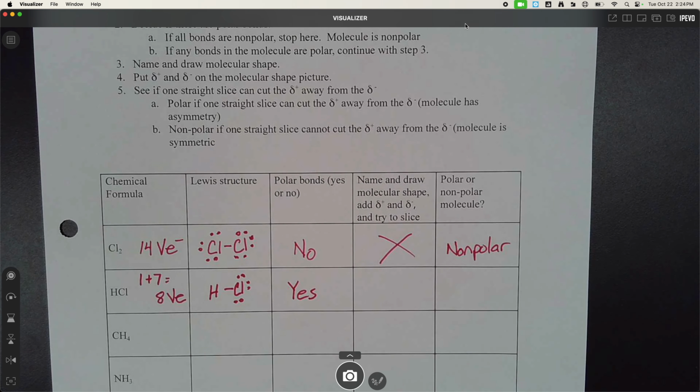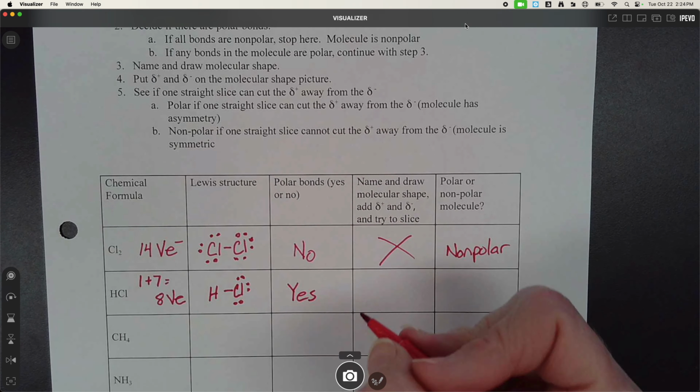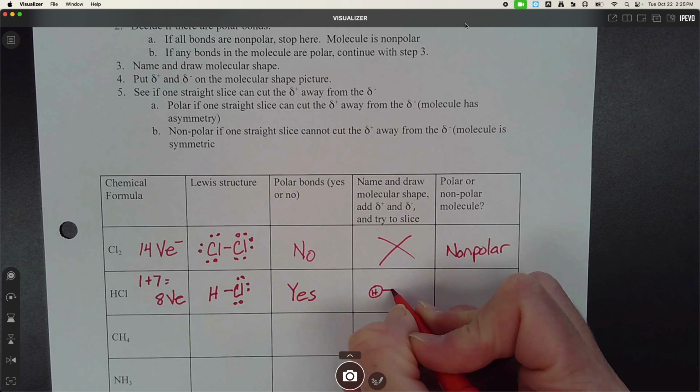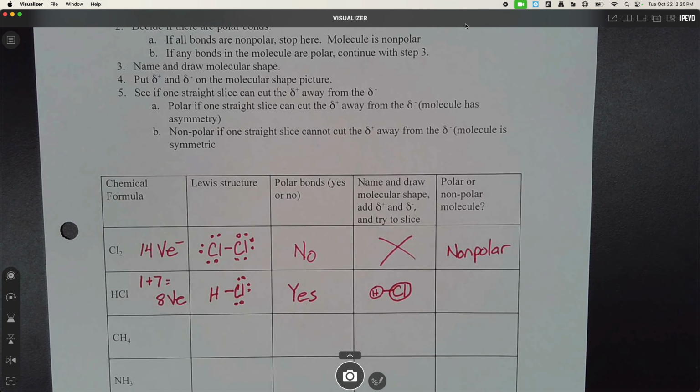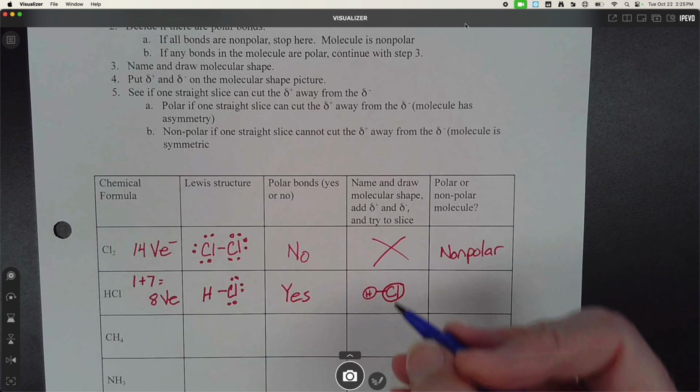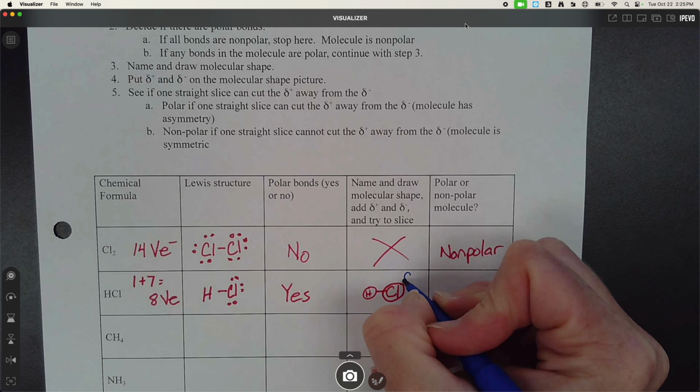So now I need to think about the molecular shape of this thing, but I don't need to think very hard, because if all I have is 2 atoms, those 2 atoms are going to be a line. Chlorine is more electronegative than hydrogen.